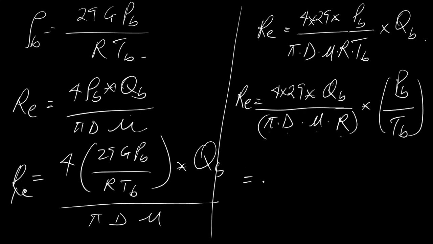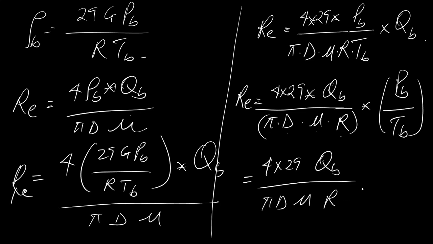So you will now have 4 times 29 Q_B divided by pi d mu R, all multiplied by gamma_g P_B over T_B.